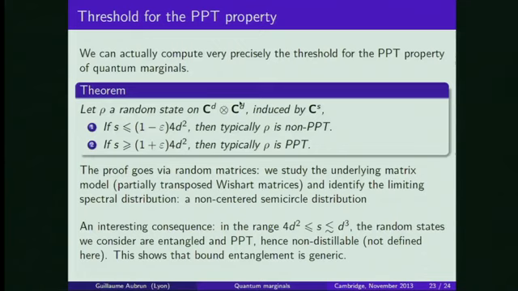Now, a consequence which is interesting from the quantum information point of view is that there is a range of parameters between the two thresholds for which your quantum marginals are typically entangled and PPT. So this means that these states are non-distillable, for people who know this, and this shows that these states, which are called bound entangled, are somehow generic.